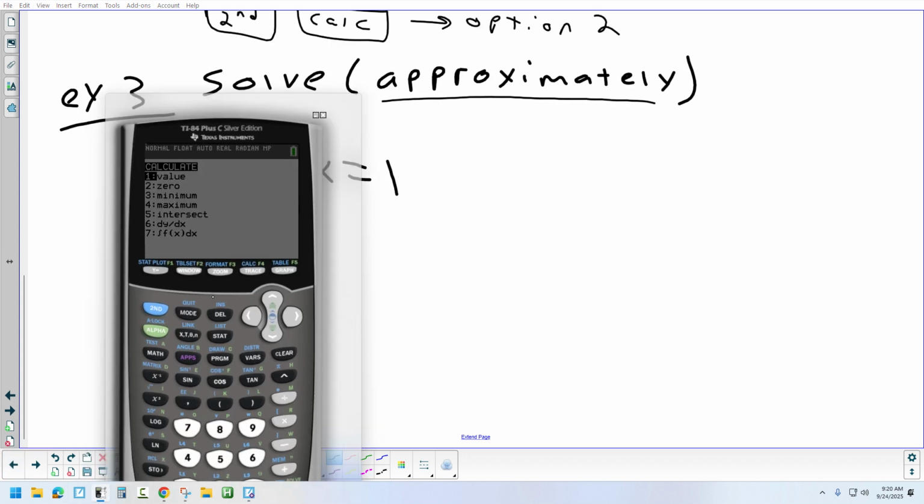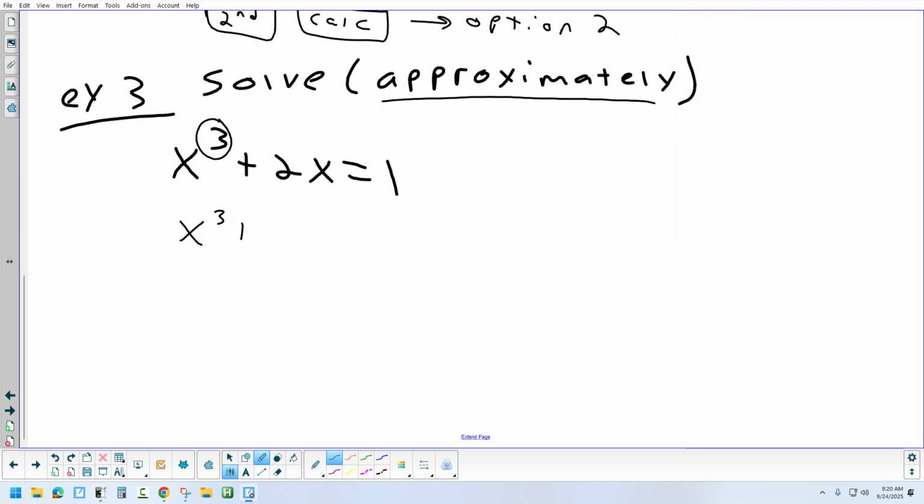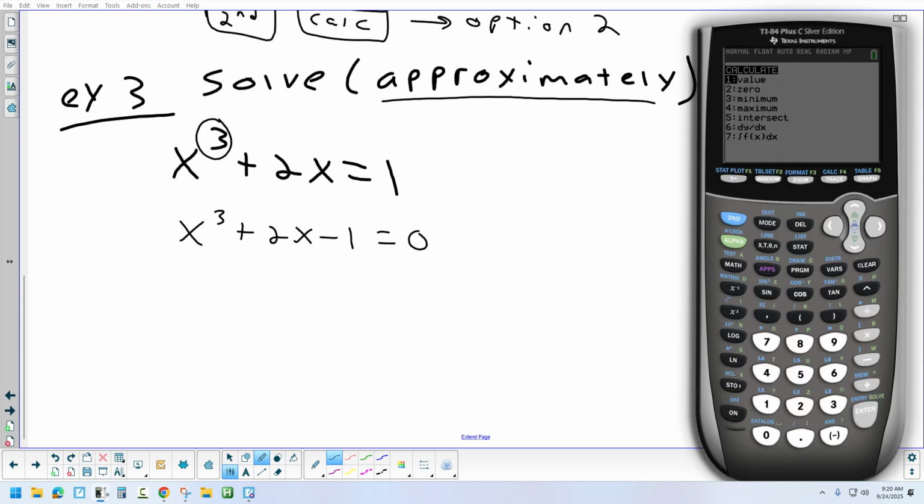So what's my first step to solving that on the calculator? Make it equal to 0. Yep, just like we did with the quadratic and the linear ones, you've got to make it equal to 0. And how would you make that equal to 0? Subtract 1 from both sides. Okay, so that's a good first step.